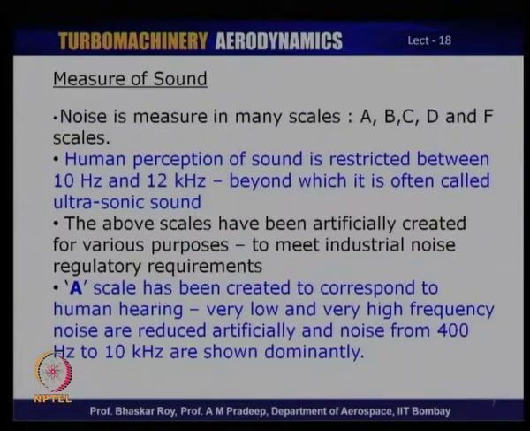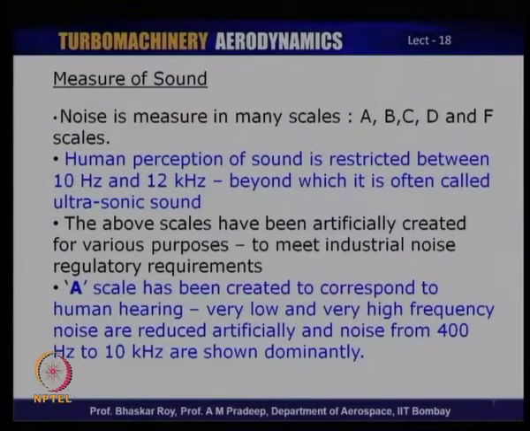Now, the human hearing perception capability is captured in the A scale. So, the A scale that has been created corresponds to human hearing, and frequencies lower than that and higher than 12 kilohertz are artificially factored down or toned down in the A scale, and as a result the noise from 400 hertz to about 10 kilohertz is shown dominantly.